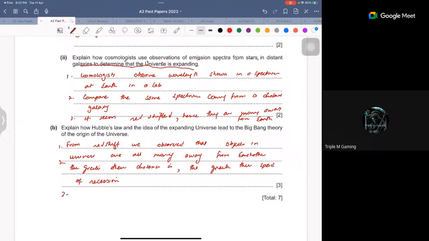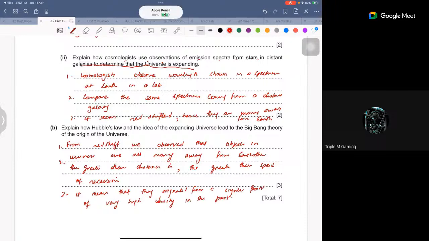Third point, it means that they originated from a singular point of very high density in the past. Is it clear, everyone? Let me know if you have a question.